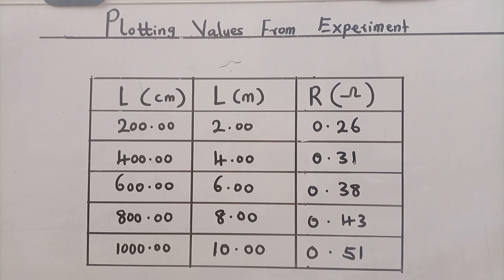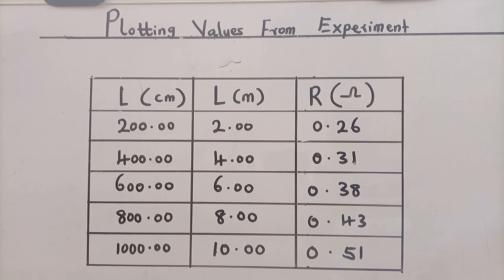He changed it to 400 centimeters of length and checked again. He now discovered that the resistance has increased from 0.26 ohm to 0.31 ohm. He kept changing the length of that wire from 400 to 600 to 800 to 1000, and he got these resistances. This is a summary of his findings.